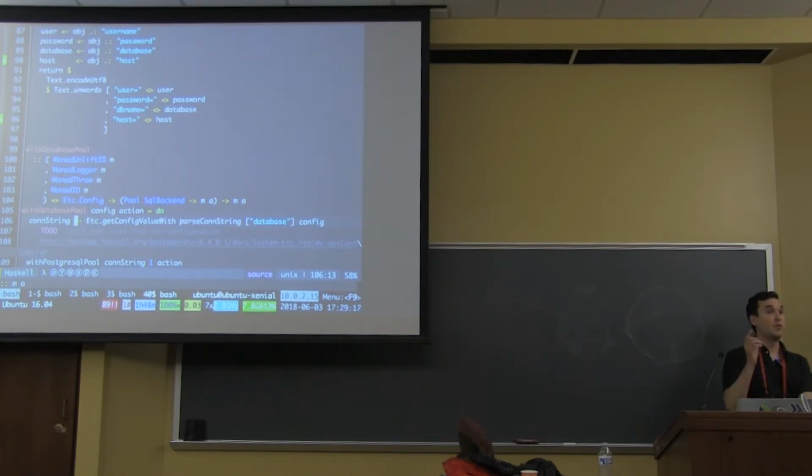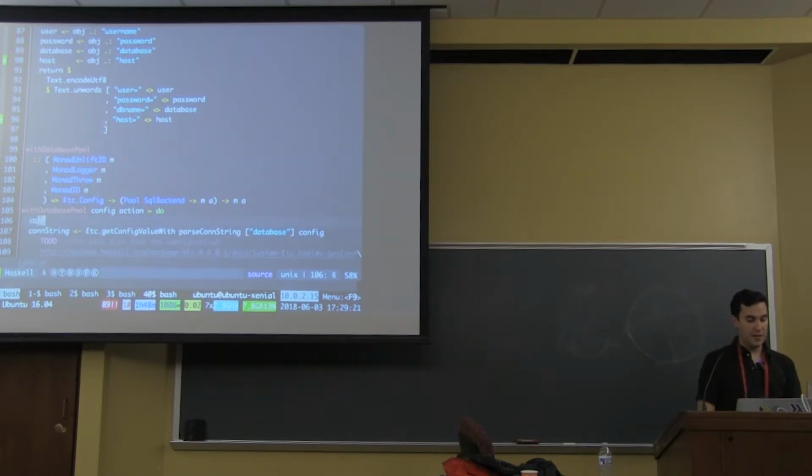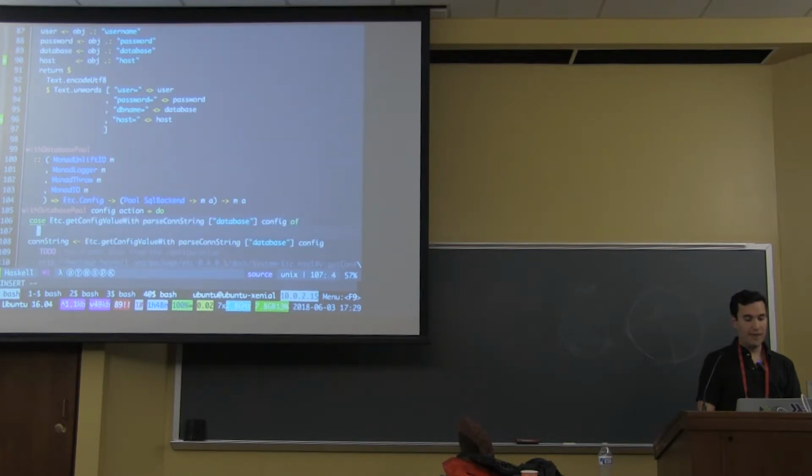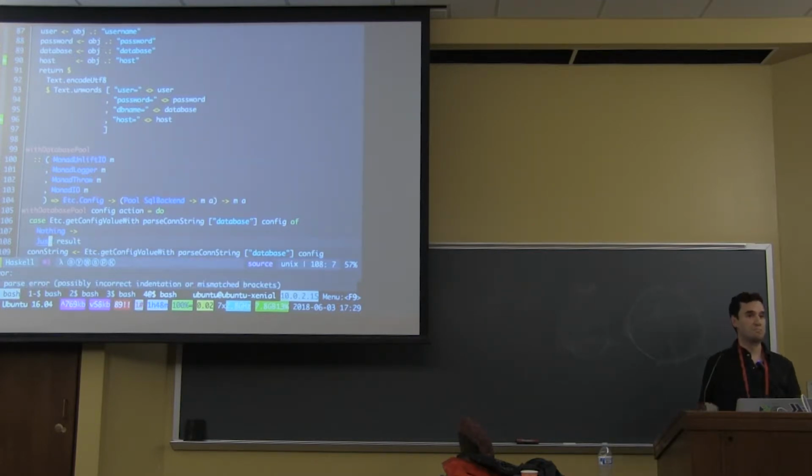At this point in time it's to throw an exception in IO. But I can make this be case, etc., get off, and I can get either a Left with the error or a Right with the result, or I can get a Nothing and a Just. The decision is yours at that point.